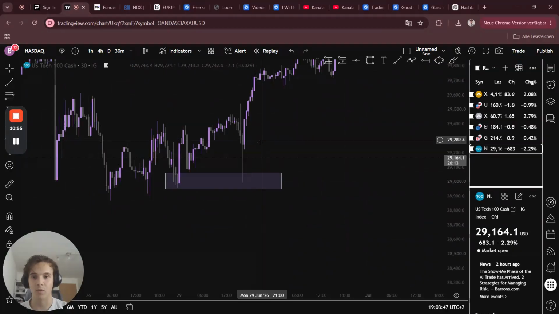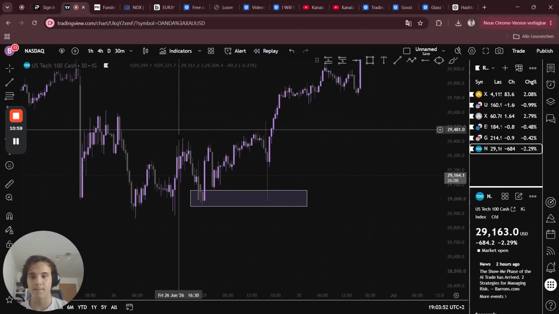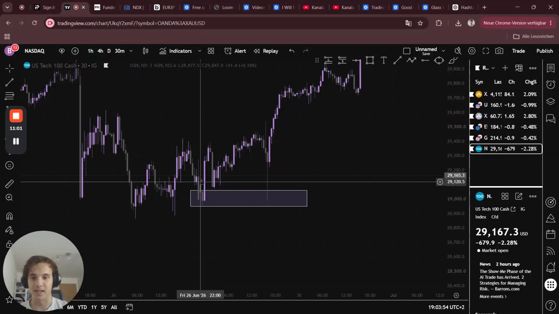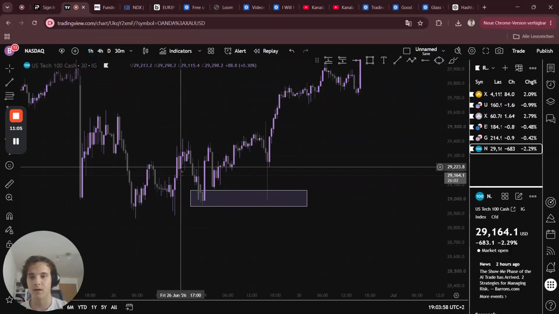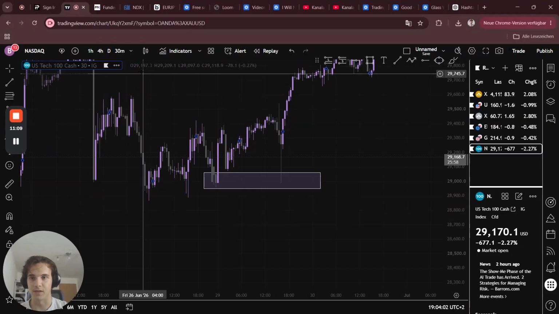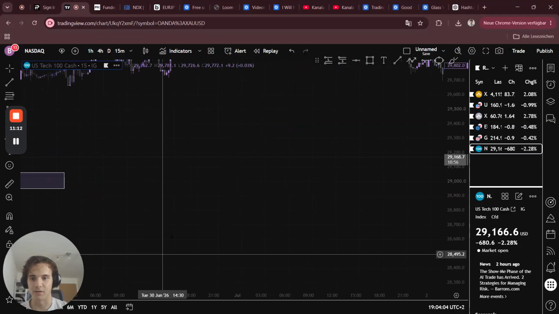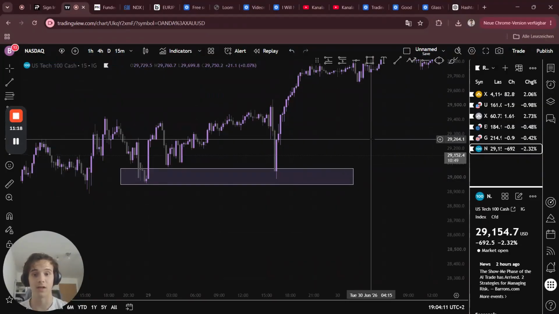Right here, we are on the 30-minute chart. Right here, we see a gigantic, super long candle up move, crushing the last high. This is not visible as a high here, but if we look into the 15-minute chart, you are going to learn that we are always going to visit multiple time frames for our entries, but this is stuff for another video.